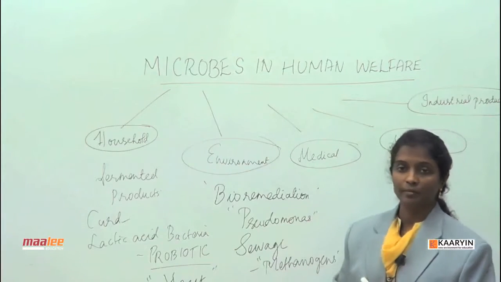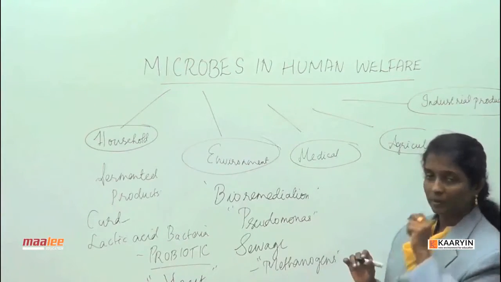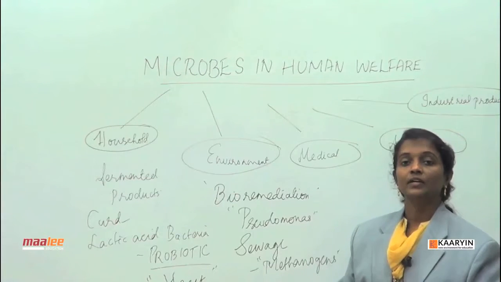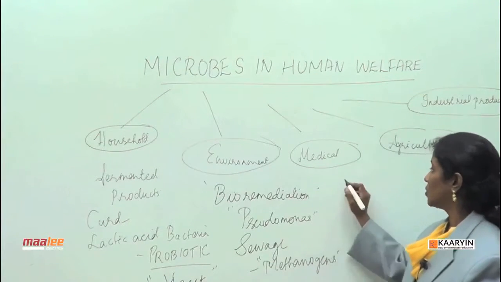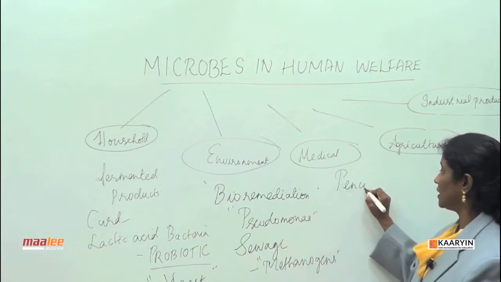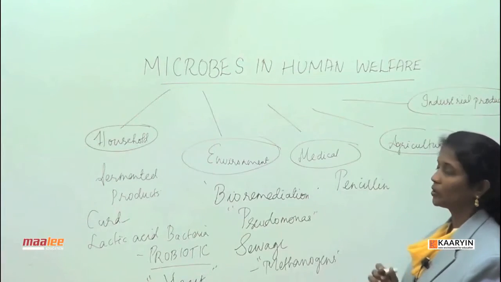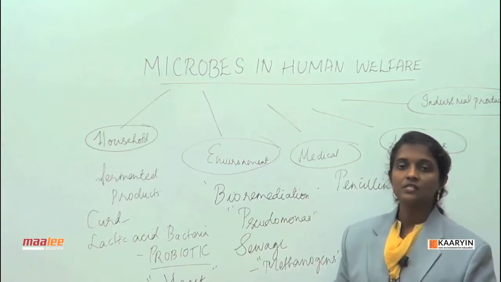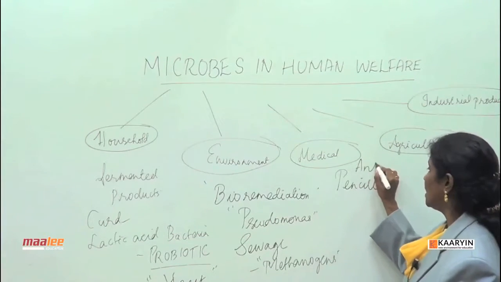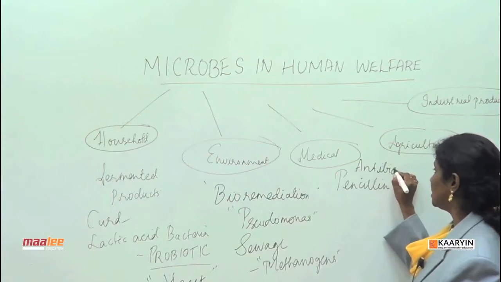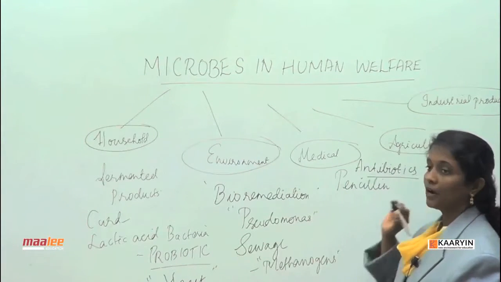Next, we come to the medical applications. In medical applications, we have life-saving drugs. Starting from Penicillium notatum, we get penicillin. Streptomyces griseus gave us streptomycin. Most of the antibiotics are from the microbial world, especially the fungal world.